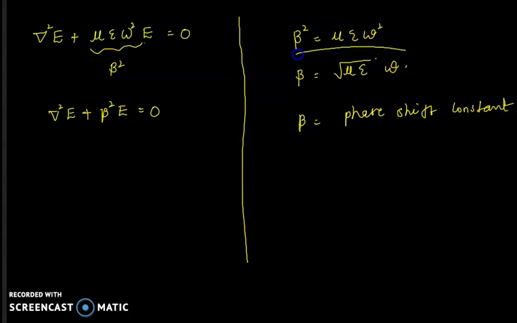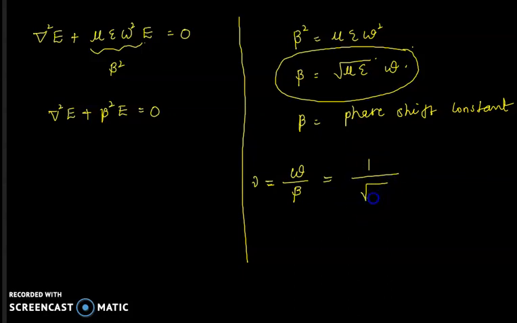Now take this expression and see that omega by beta is nothing but the velocity of propagation, the velocity of the electromagnetic wave. This is equal to 1 by square root of mu epsilon. Since the wave is propagating through a lossless medium, if it is free space, mu becomes mu naught and epsilon becomes epsilon naught.